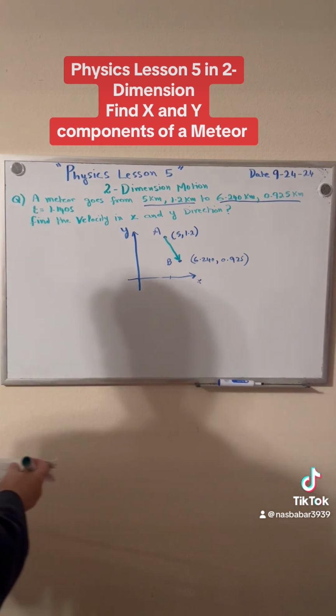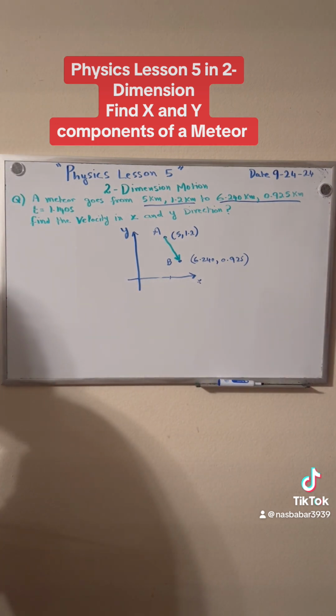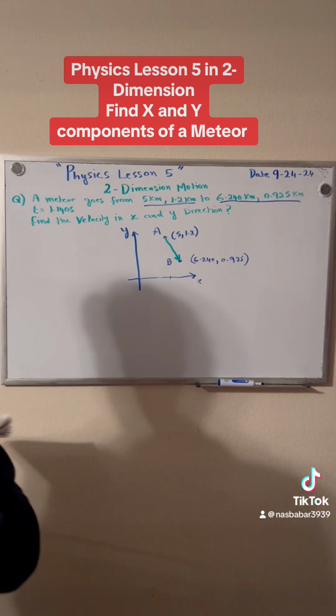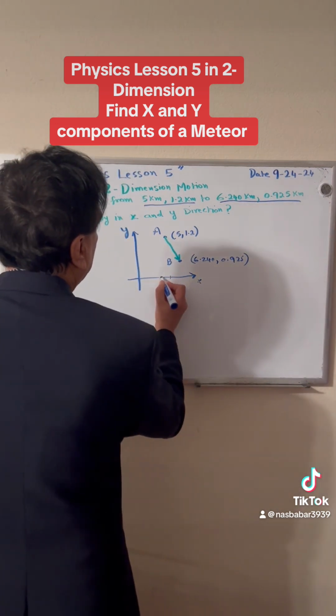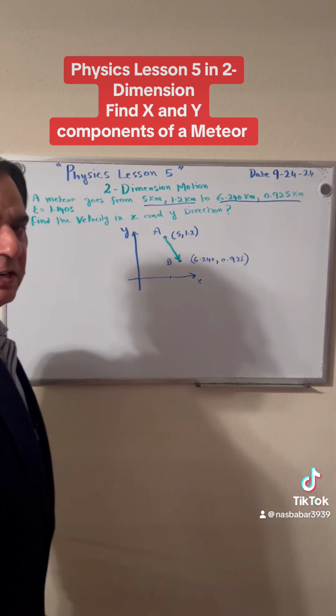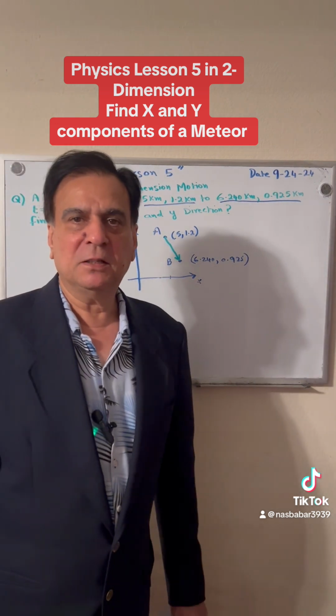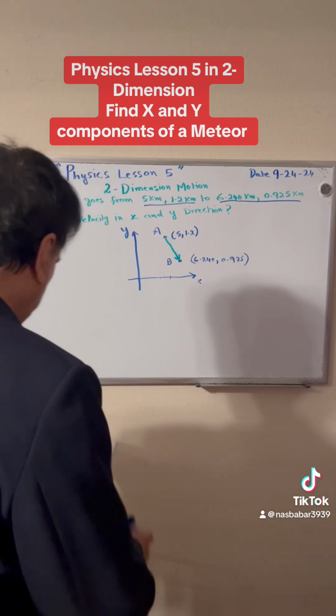Now what they want is for us to find the average velocity in x direction and average velocity in y direction. Any ideas how we can do that? Pretty straightforward, easy peasy.